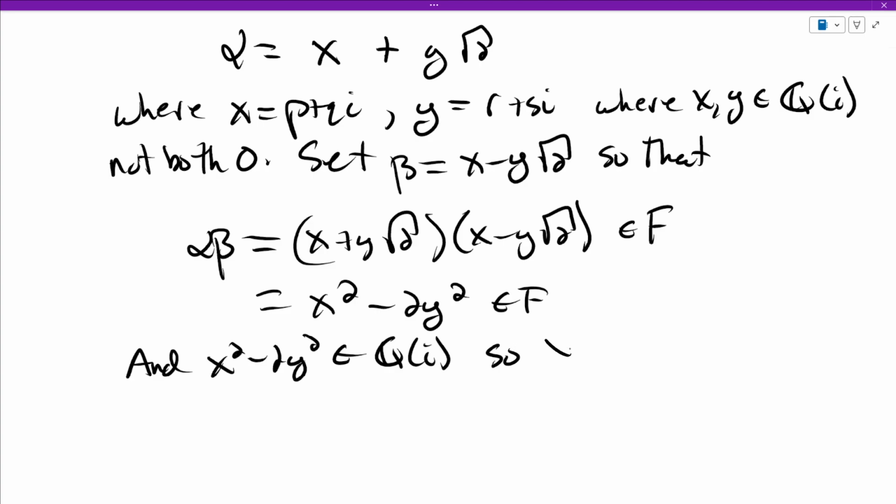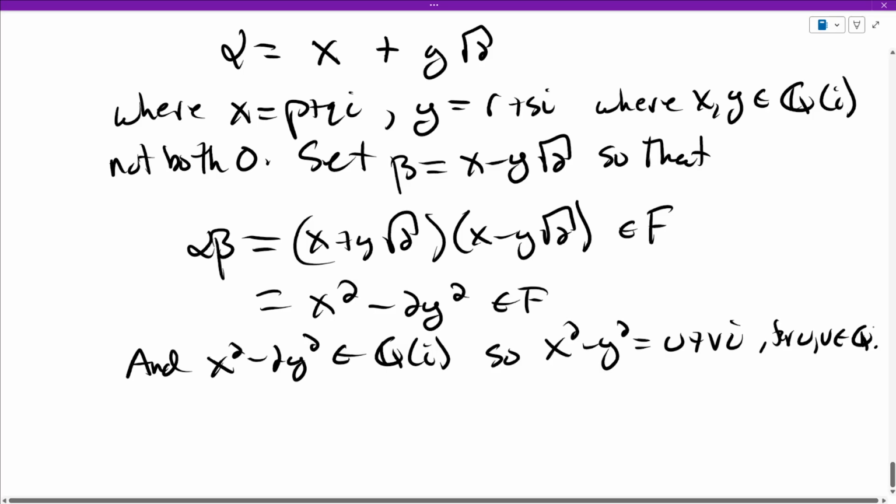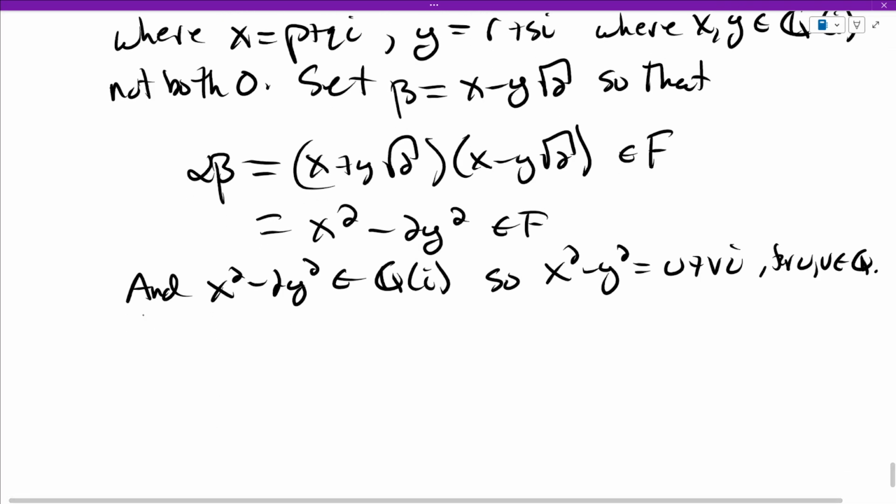So x squared minus 2y squared is some u plus vi for u and v in Q. And we could sit here and plug in x is p plus qi and y is r plus si, and write u and v in terms of p, q, r, and s, but it's not going to end up being helpful.